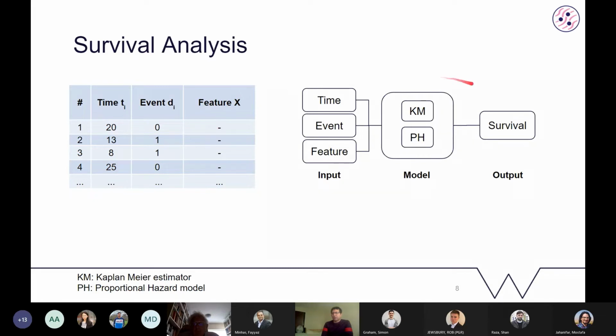The output would be, of course, the survival to a certain time. We'll be denoting the time to event by Ti. So for each individual, we have the time of the event. Then we will have the Di: we put a 1 in the table if the event has occurred, and if the event hasn't occurred, which means the individual is censored, we will put a 0. And then we will have, of course, the features.